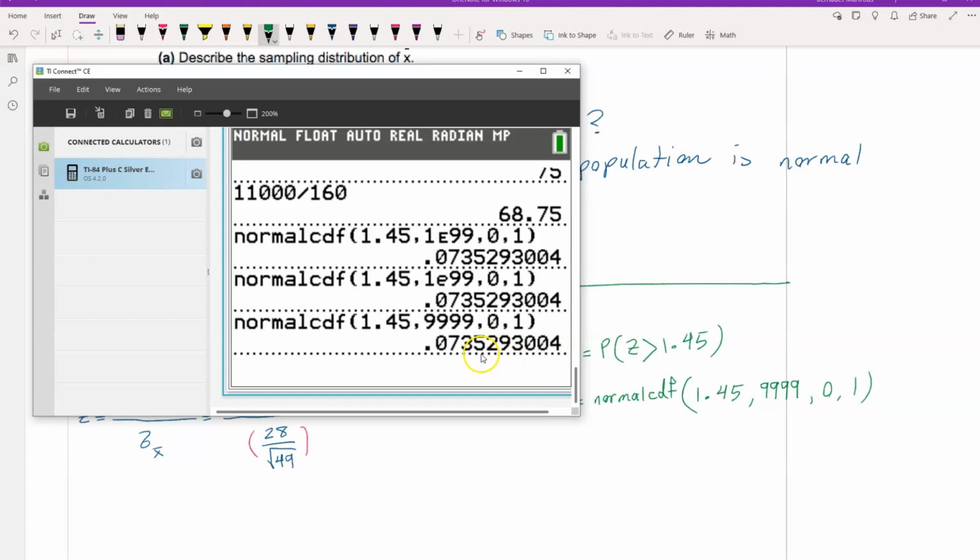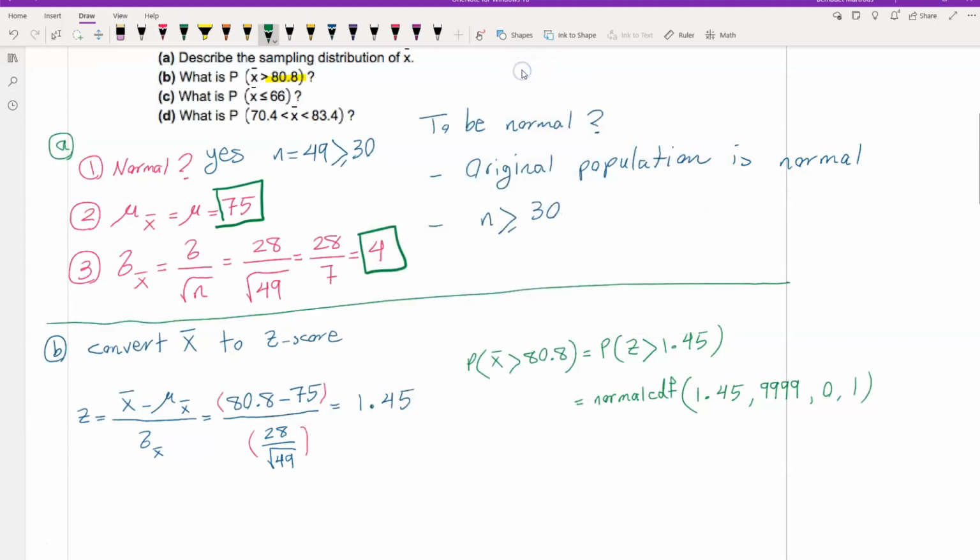I will round our final answer to, for example, four decimal places. Here it doesn't say.